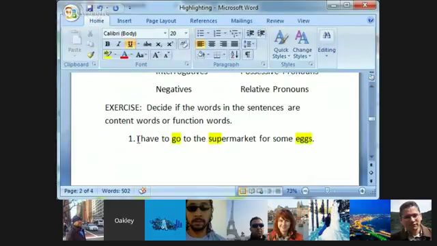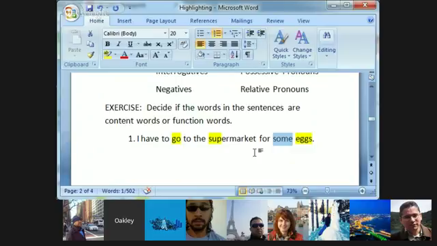Very simple. All right. So read now, Hussein. Read the sentence. I have to go to the supermarket for some eggs. Okay. See, now you're highlighting some, which you really shouldn't do. For some, it's actually going to sound like, let me try. I have to go to the supermarket for some eggs.